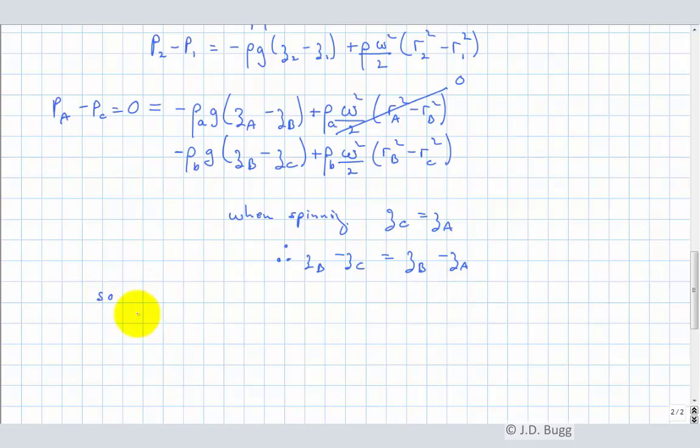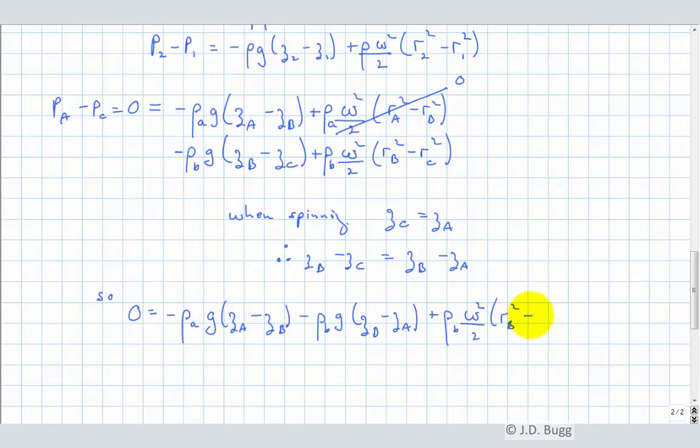So this expression, we still have 0 for the pressure here, equals minus rho A G times ZA minus ZB minus rho B times G times ZB minus ZA plus rho B omega squared over 2 times RB squared minus RC squared.